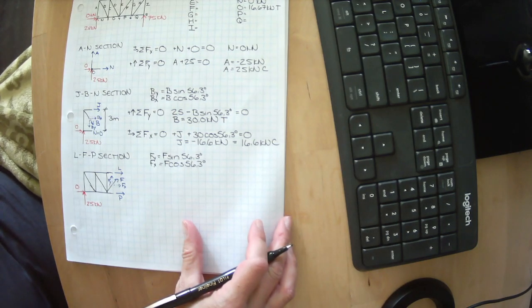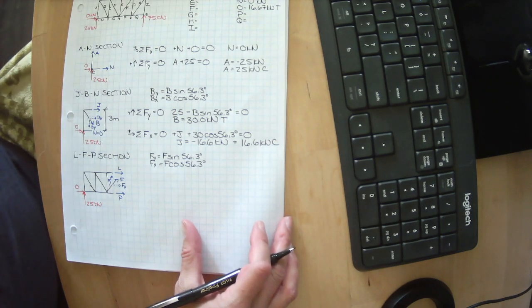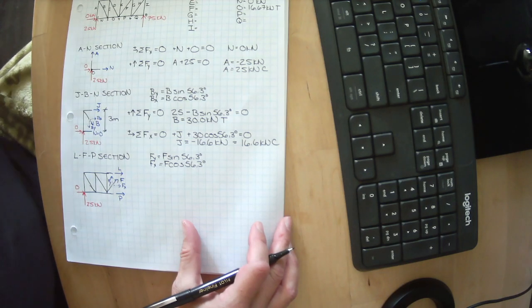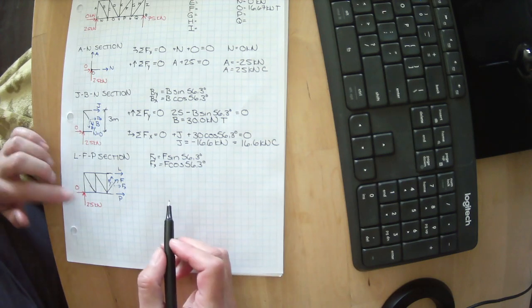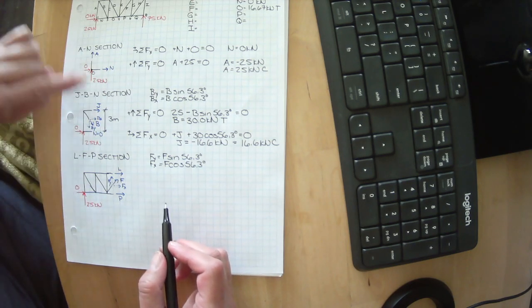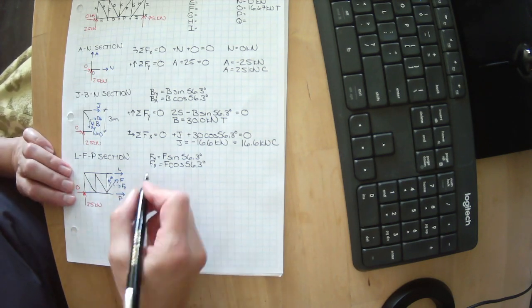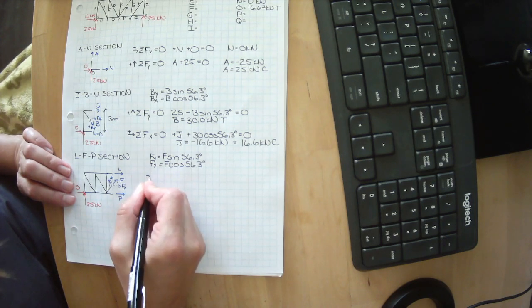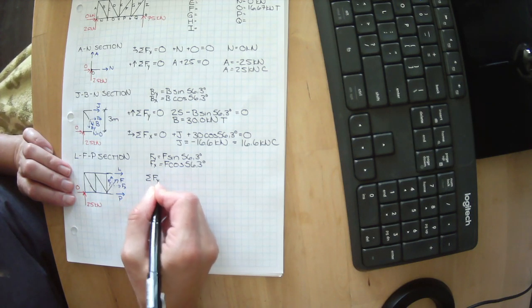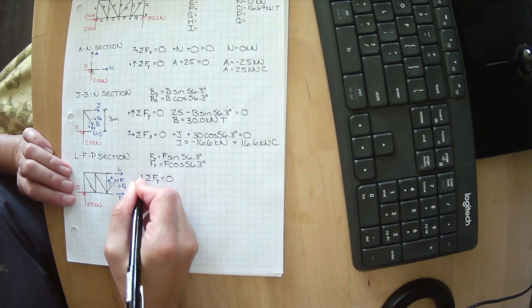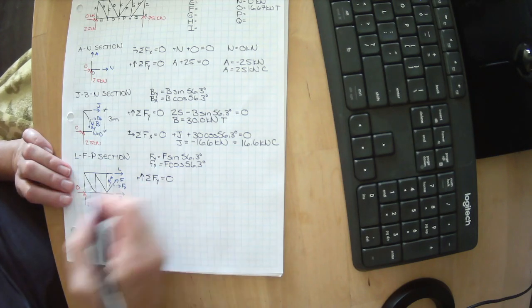Let's start solving some of these equations. Let's solve for up and down. So sum of the forces in the y direction equals 0, where upwards is positive.